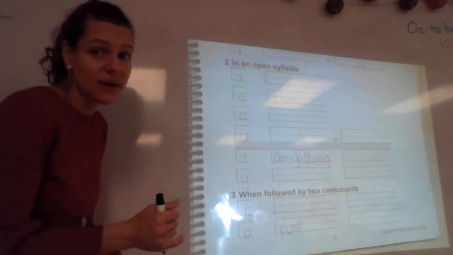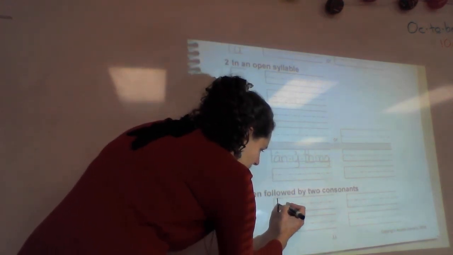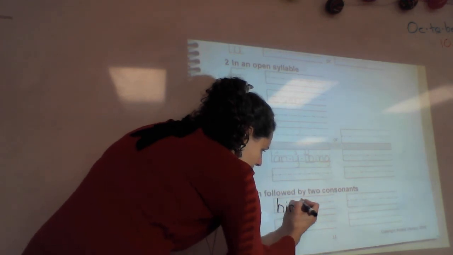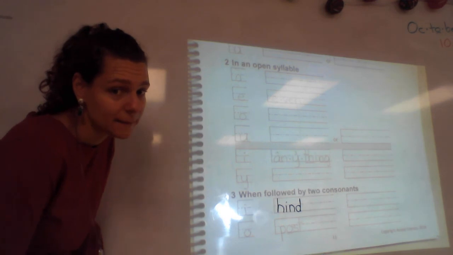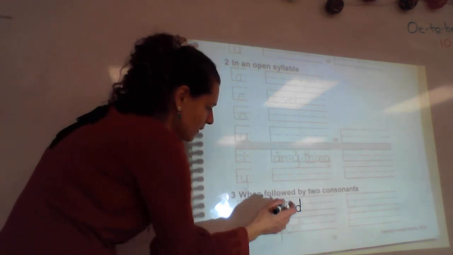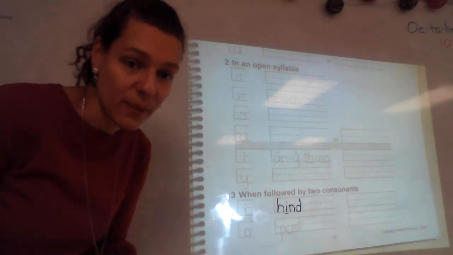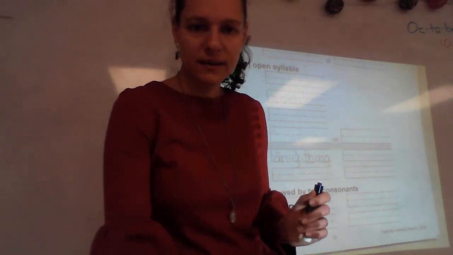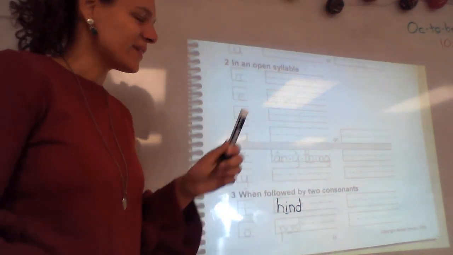All right, class, what did you write to spell hind? Good. All right, go back to the beginning and mark it. All right, we're going to mark our vowel, as we always underline our vowel when it says its name. All right, let's call that good for this video.